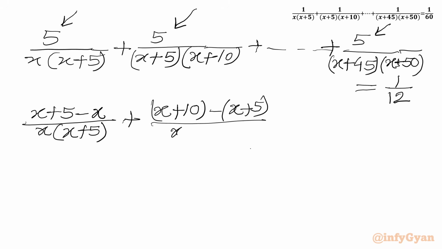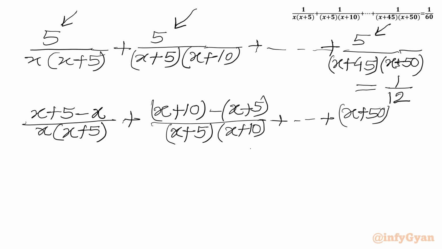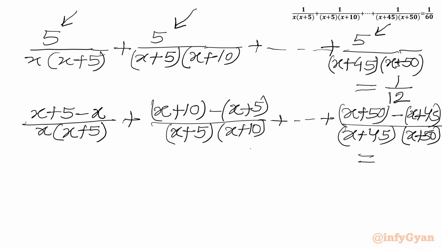In the denominator we have the product of both, x plus 5 times x plus 10. Similarly, for the last term, we'll write numerator 5 times x plus 50 minus x plus 45 over x plus 45 times x plus 50 equal to 1 over 12.